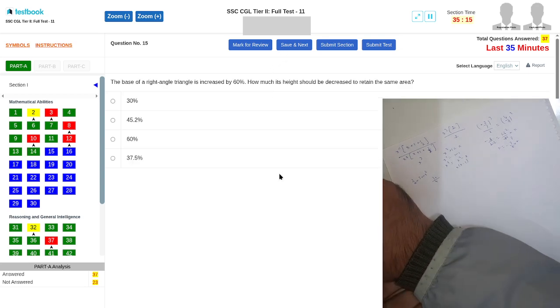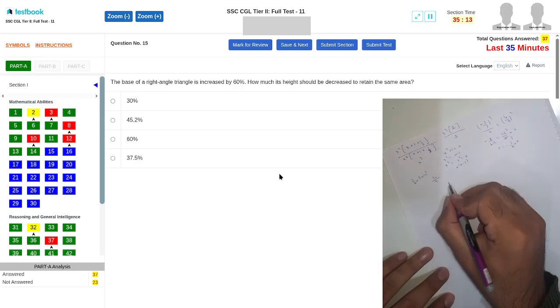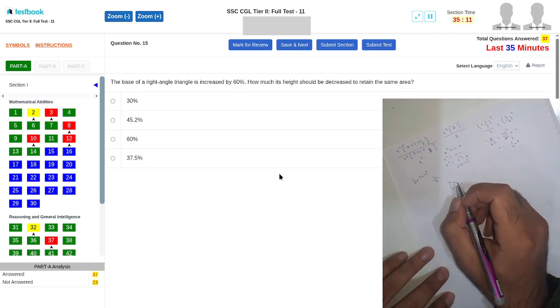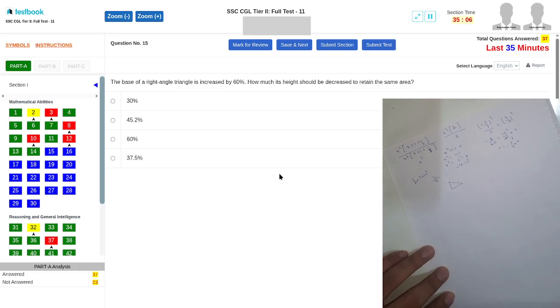The base of a right angle triangle is increased by 60. How much should its height be decreased to retain the same area? Height कितने decrease करेंगे? Same area.